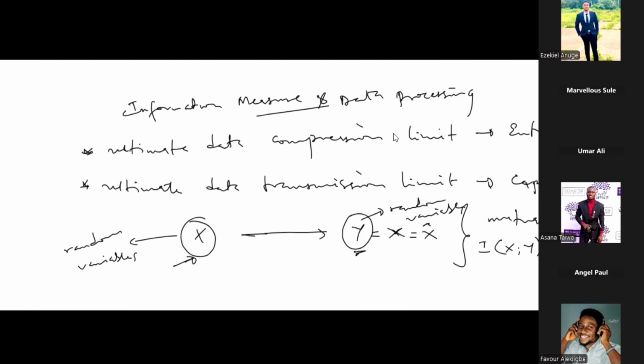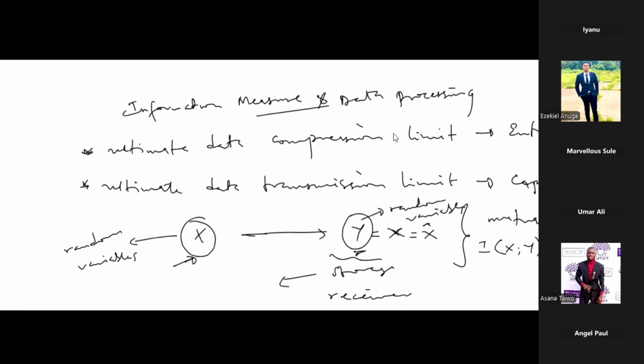So now that we're able to describe them as random variables, we have to observe this information or data, or whatsoever you call it, at some relative location. This may be a storage. It may be a receiver. It could be anything. When you do machine learning, you are more particular about storage, right? And then you want to do either feature extraction or pattern recognition, whatsoever it is you want to do.